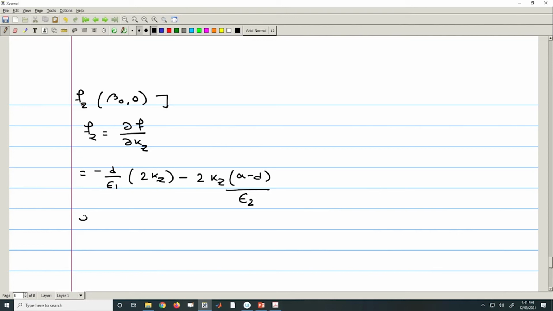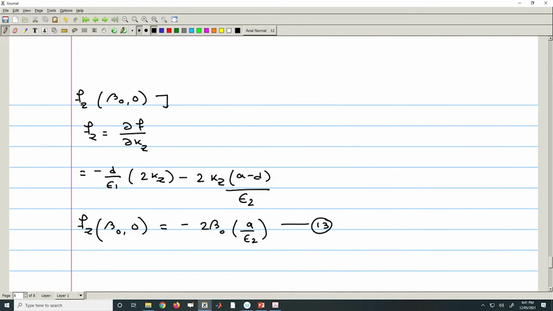Therefore, f_z at (beta naught, 0), again substituting, because d is 0 the first one will be 0. So, we will be left with minus of 2 beta naught a upon epsilon 2. So, let us give this as equation 13.